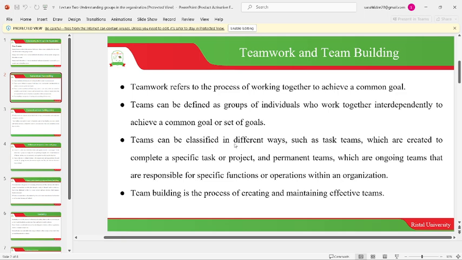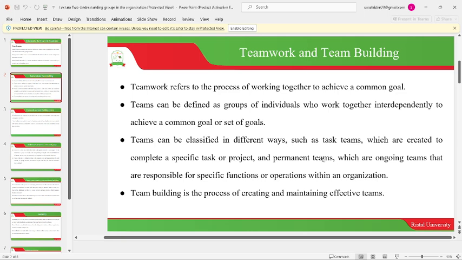Teams can be classified in different ways, such as task teams, which are created to complete specific tasks or projects, and permanent teams, which are ongoing teams responsible for specific functions or operations within an organization.